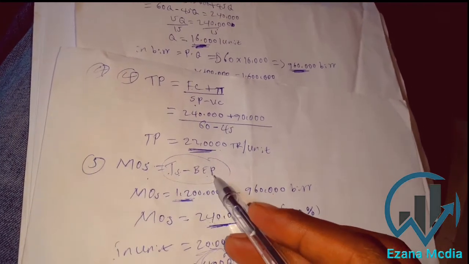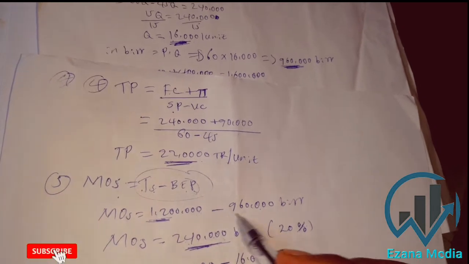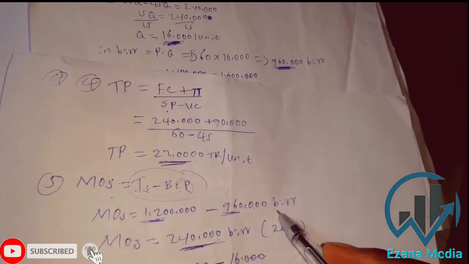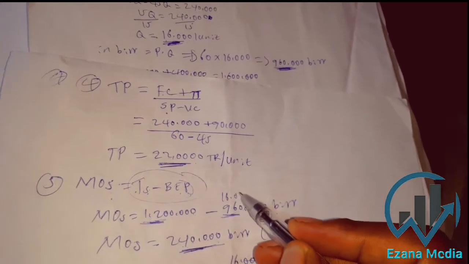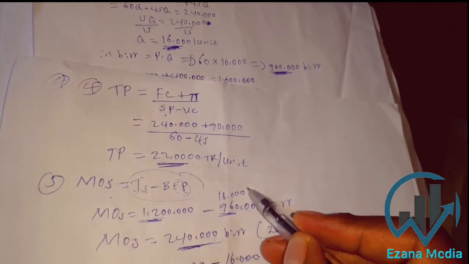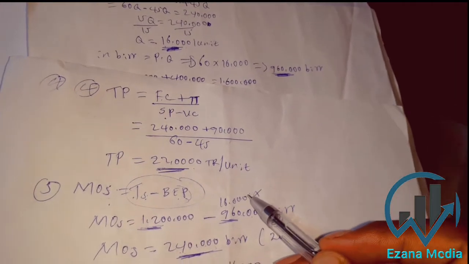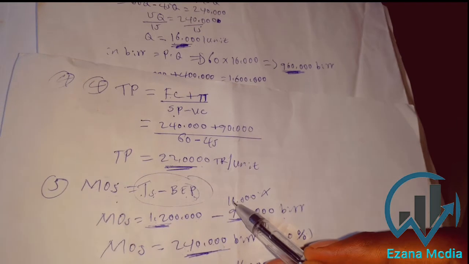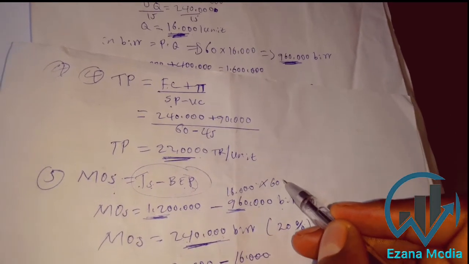Break-even point is 960,000 birr, or 16,000 units. The price of one unit is 60 birr.